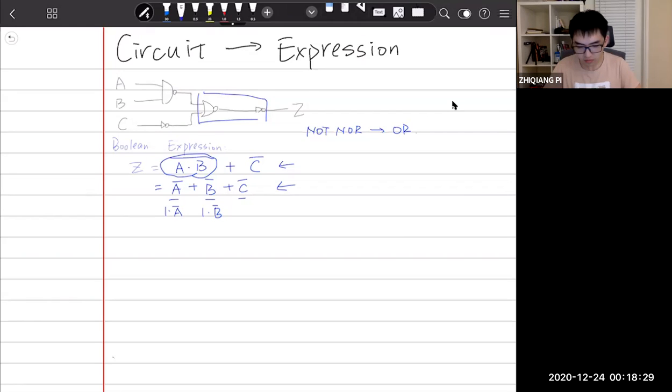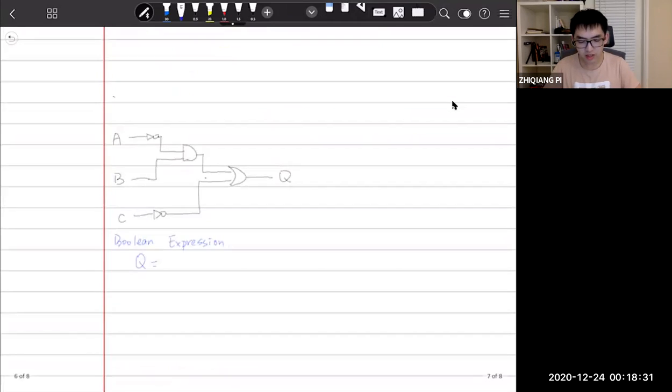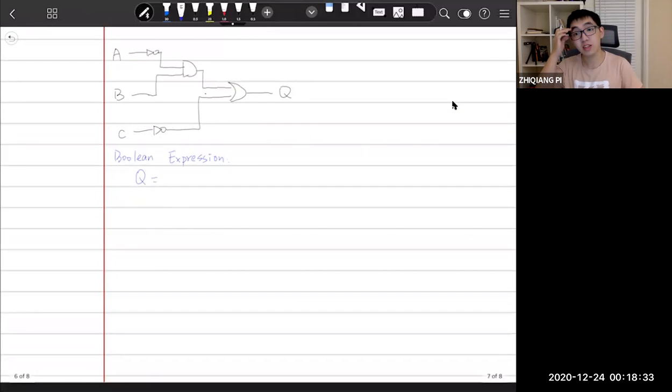Moving on to a slightly more complicated, but I would think a bit more intuitive case, is this one. So same workflow. We look for the outermost layer of the logical circuit. We get an OR, and then let's look at what arguments the OR is being given.